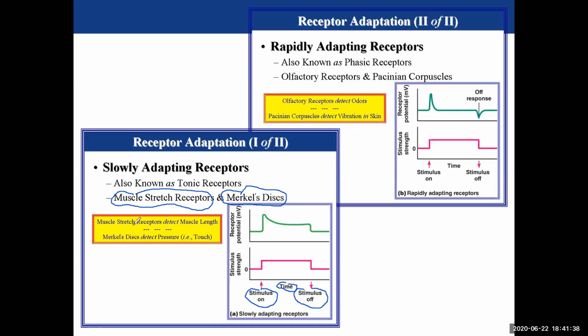So for example, the muscle stretch receptor detects the length of the muscle to protect against muscle tear, and the Merkel disc detects pressure, for example, touch. So those are examples of slowly adapting responses or sensory receptors.